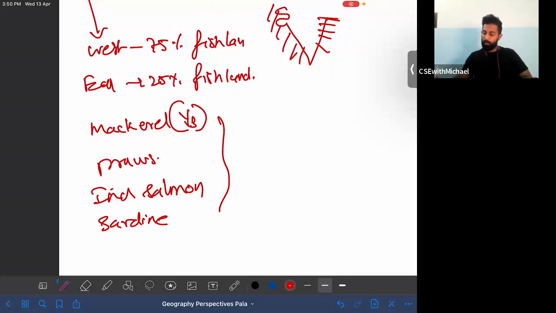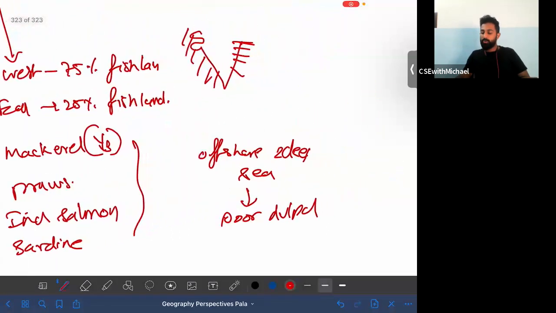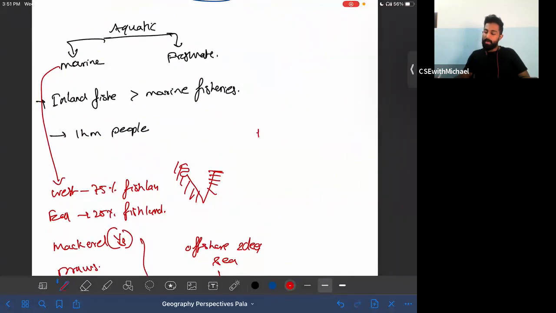If you look at offshore and deep sea, you have huge potential for catch, but it is poorly developed, and the realization of the potential is very limited. Now this is about the marine conditions. Inland conditions would be similar, with the rivers and lakes in India.